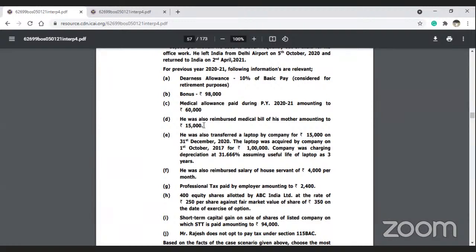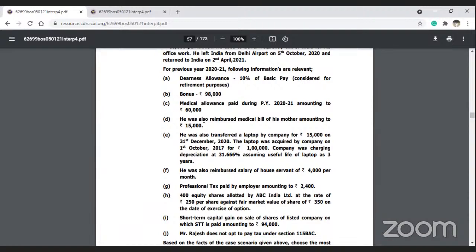But what I'm asking is use of laptop is exempt, right? Use of laptop. Wait, just a second. Yes. Okay, so this will be 1 lakh into 50% WDV for 3 years.